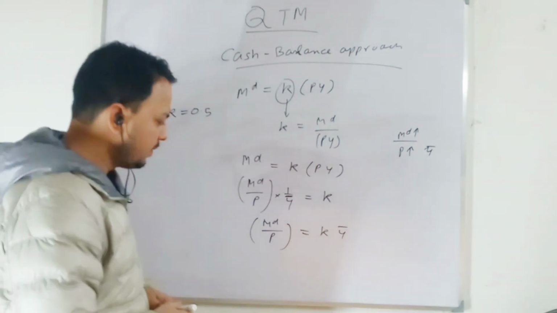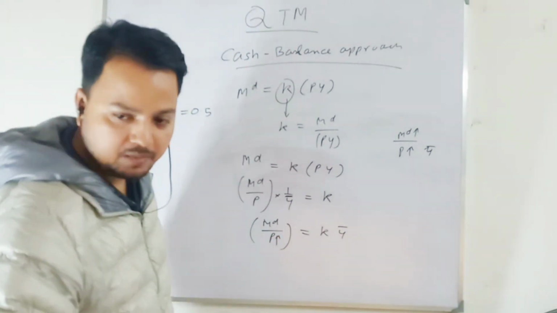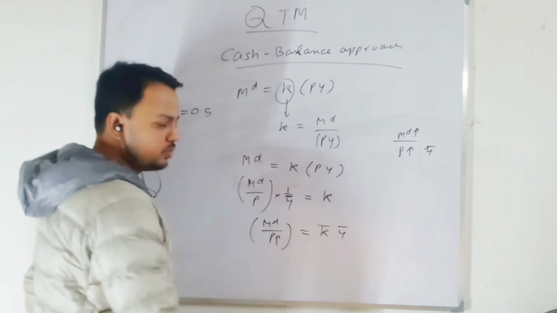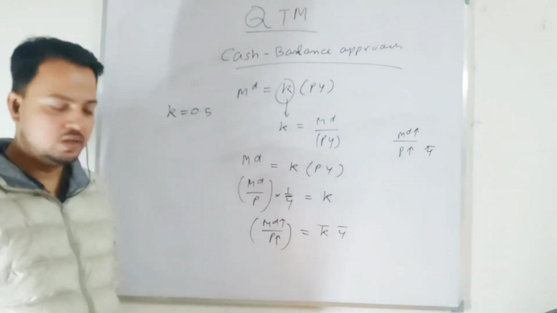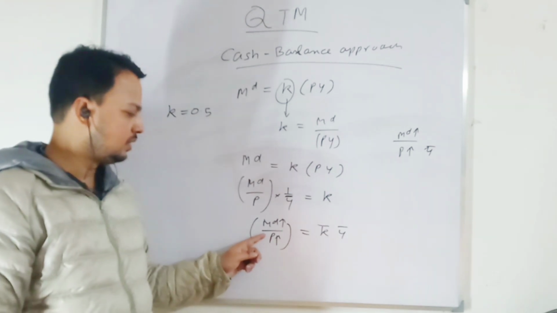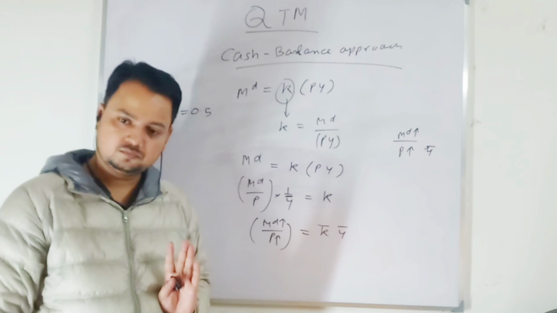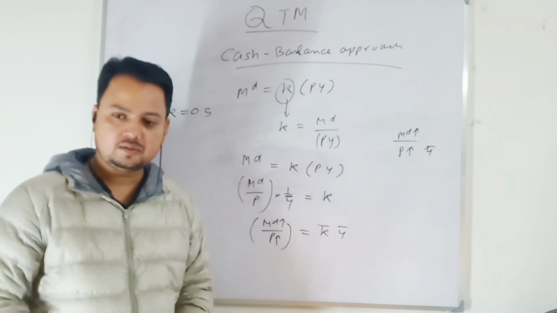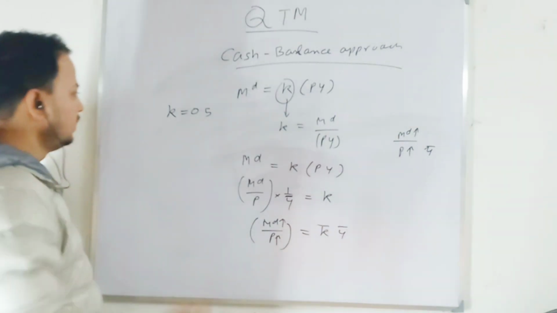So if the price level increases, this proportion is not going to change. So money demand will also increase in the same proportion. So we are getting a proportional relationship between money demand and price level. Agree? Everyone? Okay, good.